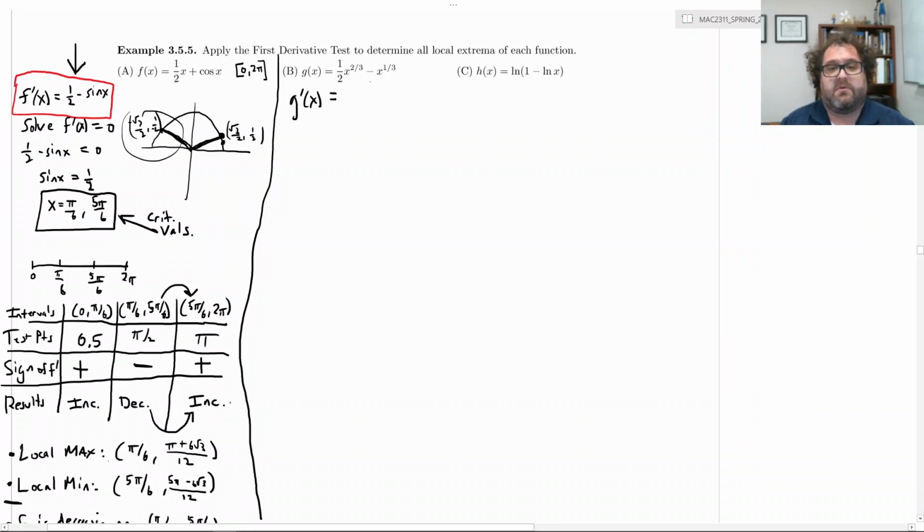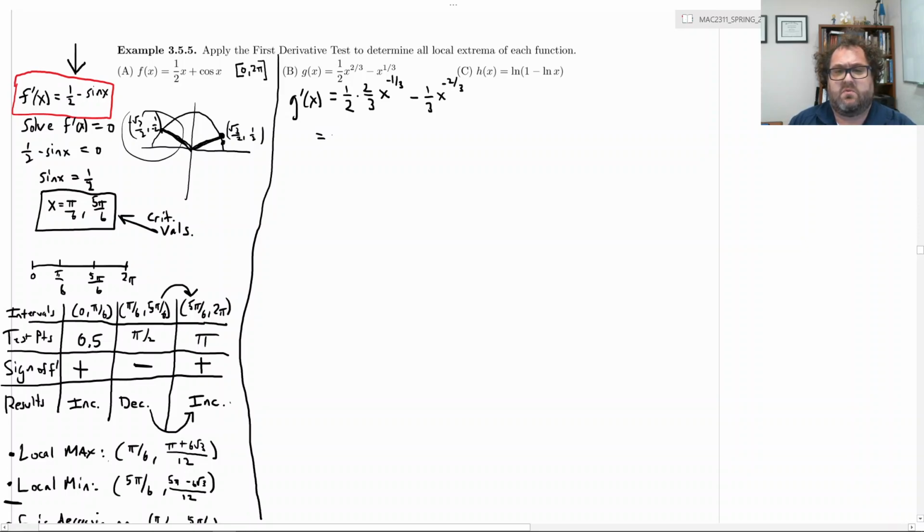So g prime, okay, is a constant multiple rule, 1/2. Now we apply the power rule, 2/3 times x to the negative 1/3. Minus, now just apply the power rule, 1/3 x, okay, 1/3 minus 1 is negative 2/3. Now, of course, we need to clean this up a good bit.